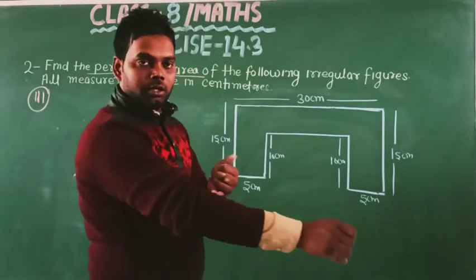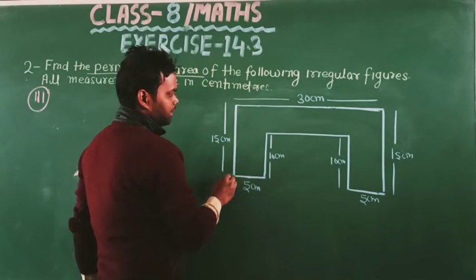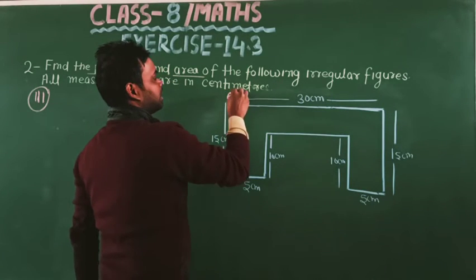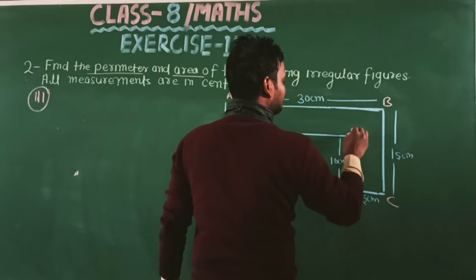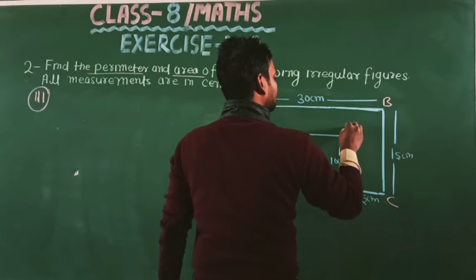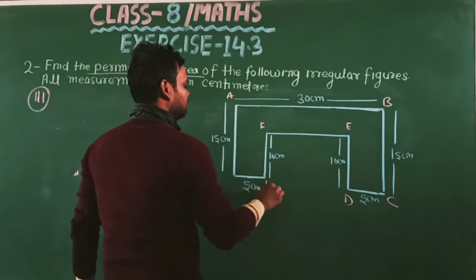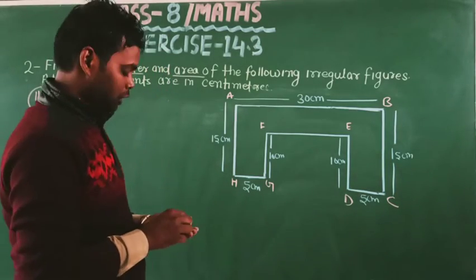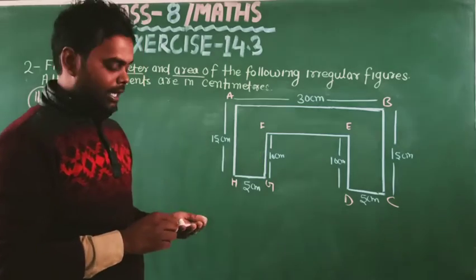Okay, so again taking the names of the vertices. Suppose this is A, B, C, D, E, F, G, H. Okay. So to find the perimeter and area.